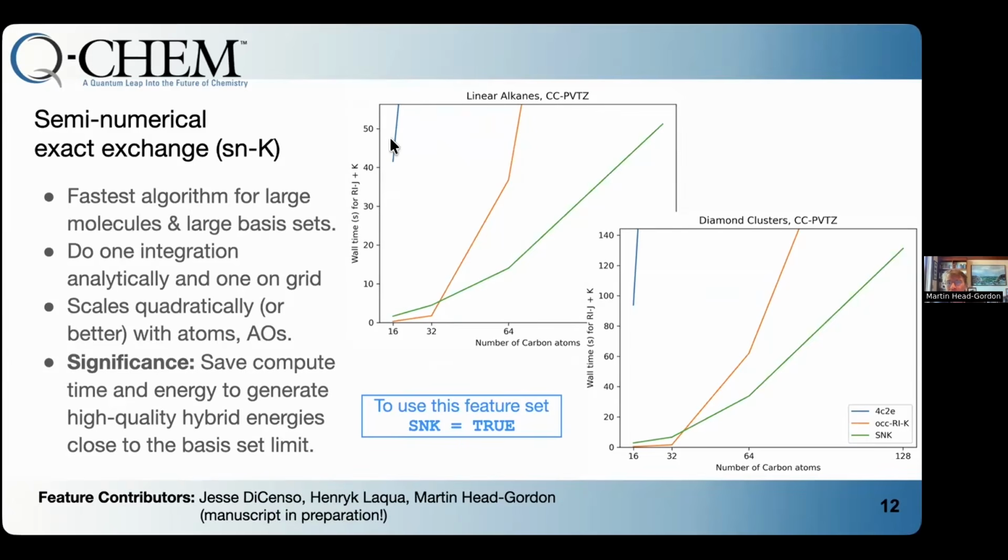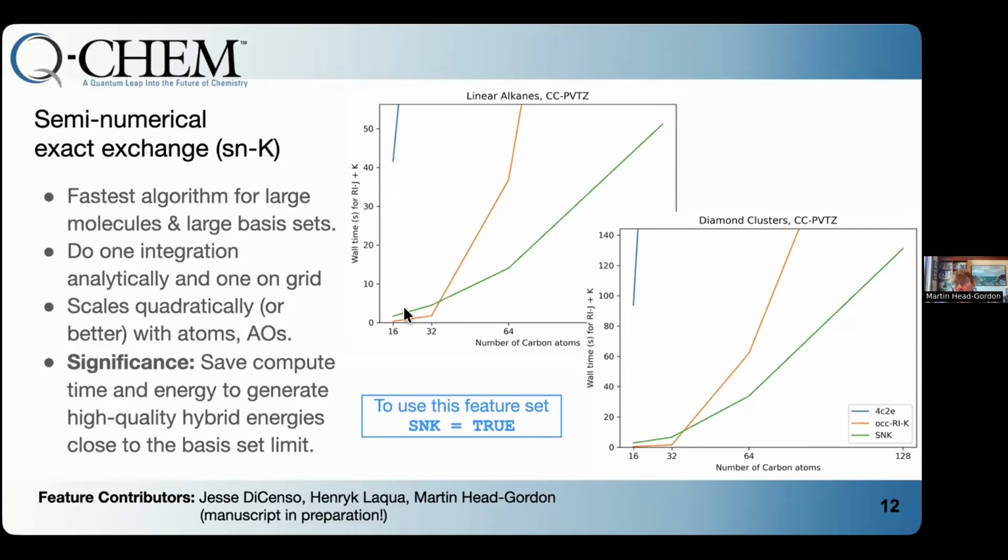And the curve that's vanishing off the top there is the amount of time it takes to run Q-Chem's state-of-the-art 4-centered 2-electron integral code to make the J and K matrices. And then the yellow curve is our best resolution of the identity or density fitting method.